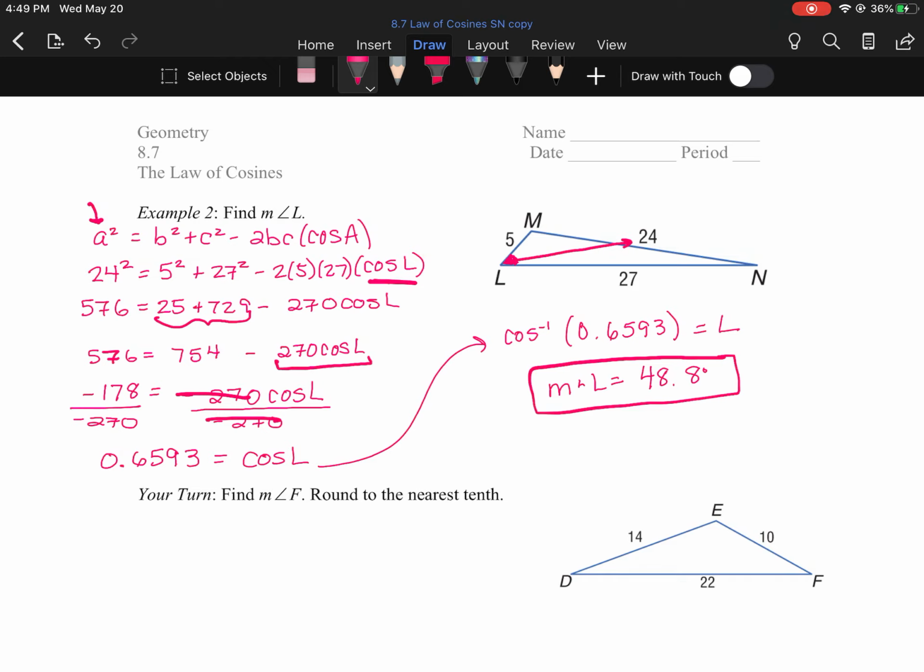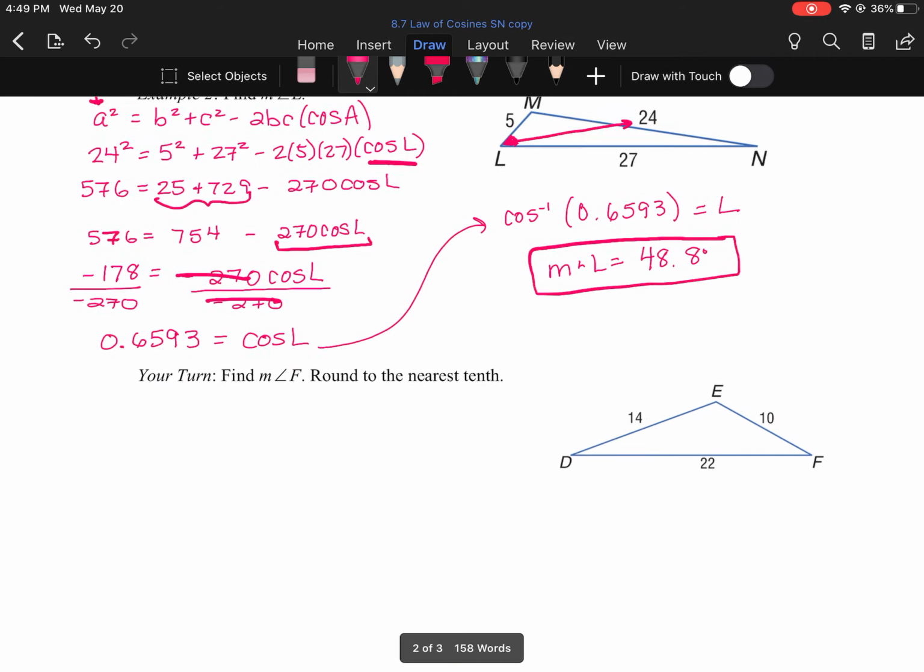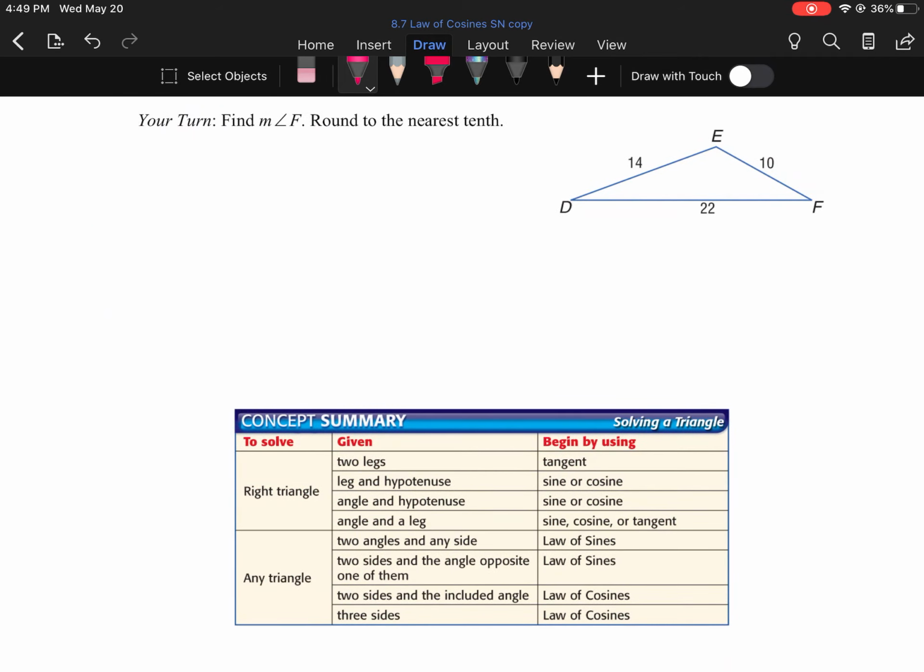All right, so take a moment, try the your turn, and then come back and check your work.